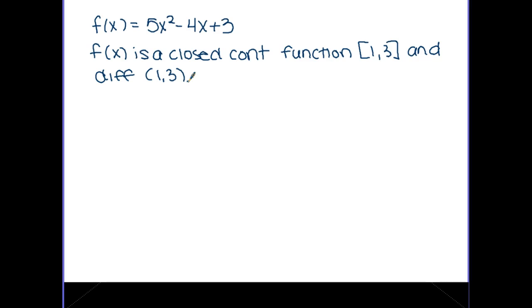Next, you need to calculate the slope of the secant. We need to find the slope of the secant, and then the derivative, which is f prime of c. Eventually we set these two equal to each other.